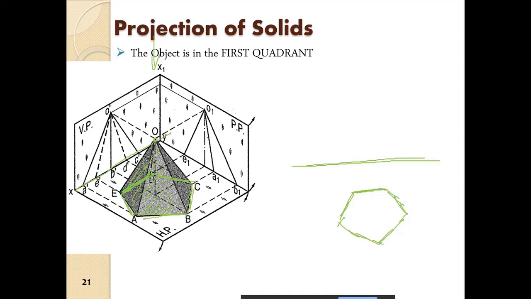So we have to first mark the point O, and this is the top view projection. So O will be projected here.